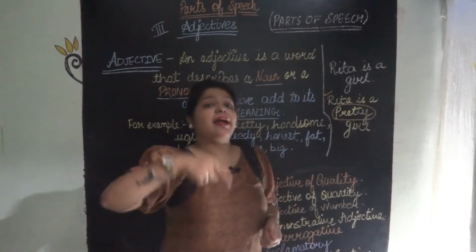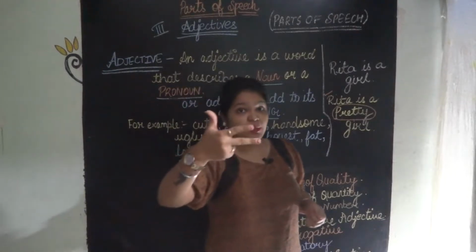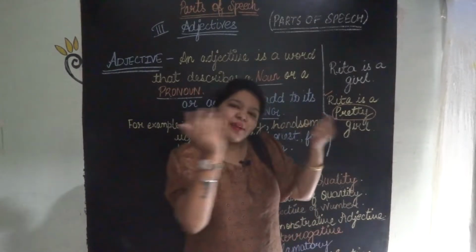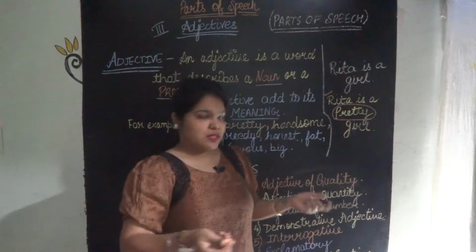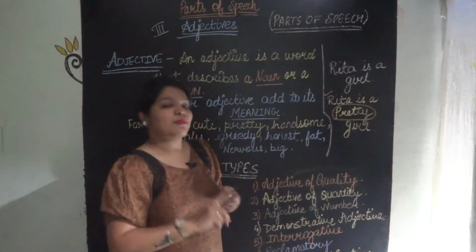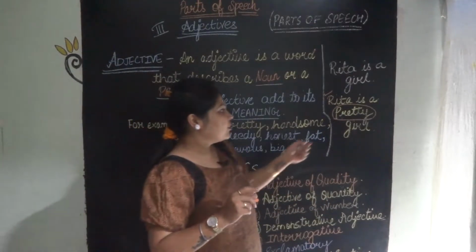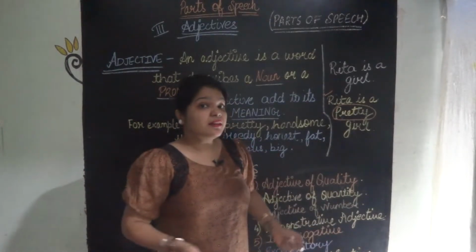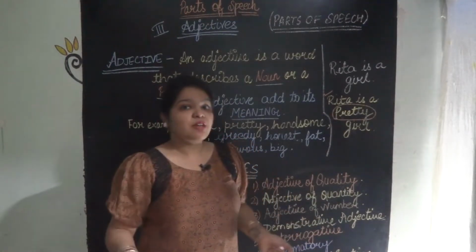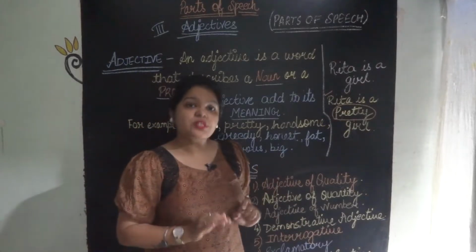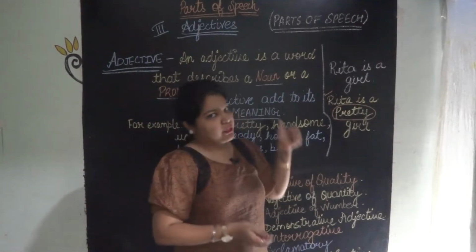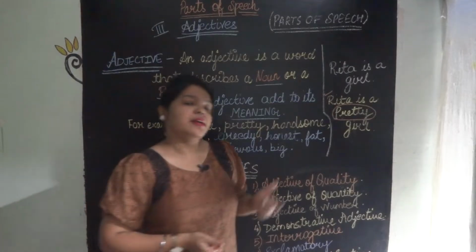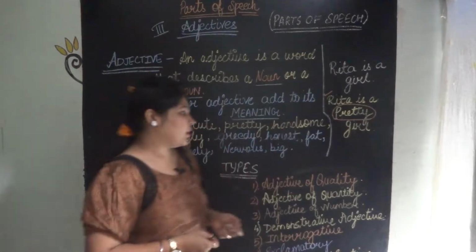Adding the meaning, adding the quality, describing a noun by decorating it, by giving some good words. Not only good, but also negative. I can also say Rita is an ugly girl. So I am just describing a noun. It can be in a positive way or it can be in a negative way.